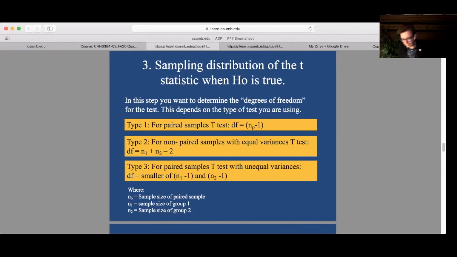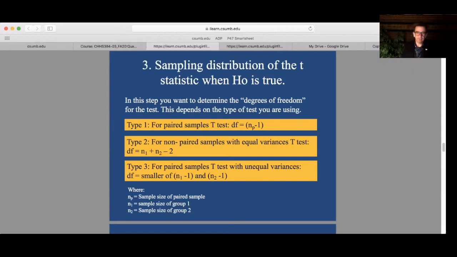And just like in the chi-square distribution, there's many chi-square distributions. Their shape is different depending on the degrees of freedom that the distribution has. Same thing happens with the t distribution. The t distribution changes in shape. It starts super flat for small degrees of freedom, and it becomes sort of like a very normal distribution as the degrees of freedom increase.